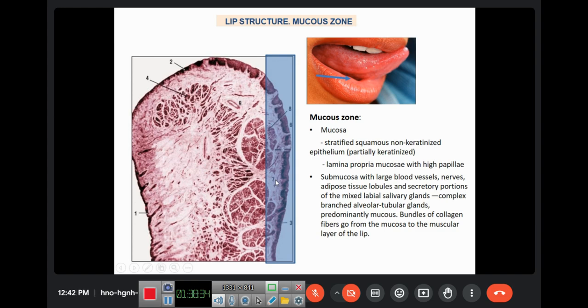Also, submucosa contains bundles of collagen fibers that go directly from the mucosa towards the muscle layer, to the muscles of the lip, and thus very tightly attach the mucosa to the muscle, and it prevents forming of folds during chewing, so it prevents biting of lips during chewing, because the mucosa is connected to the muscles.